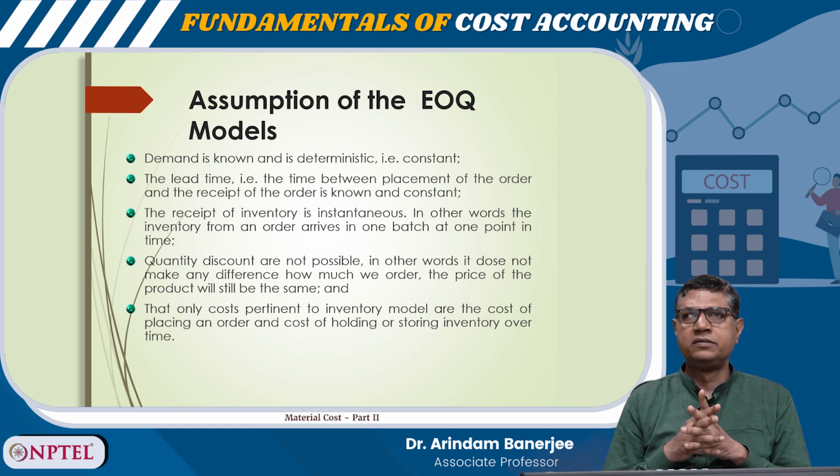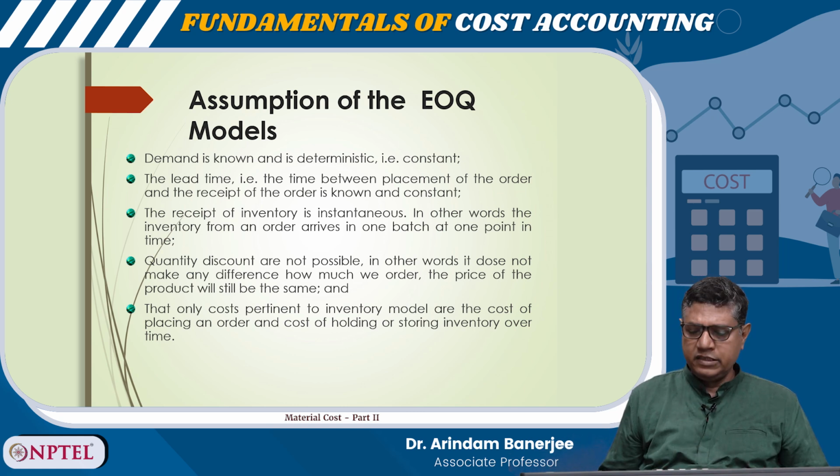And it is instant. The receipt of inventory is instantaneous, right. And there are 2 types of costs which are involved, that is holding cost and the ordering cost. So, that we will discuss now.